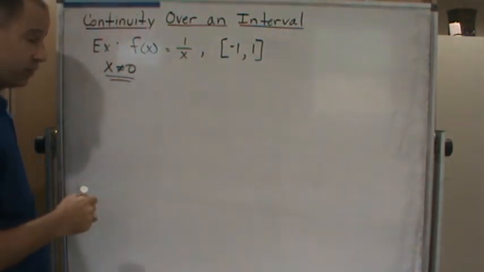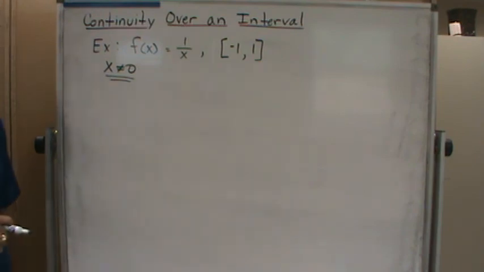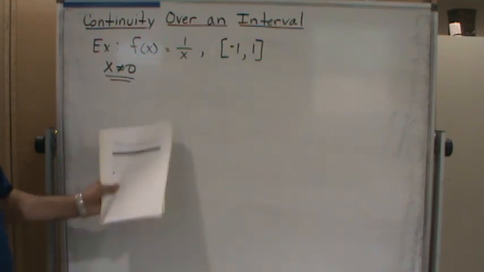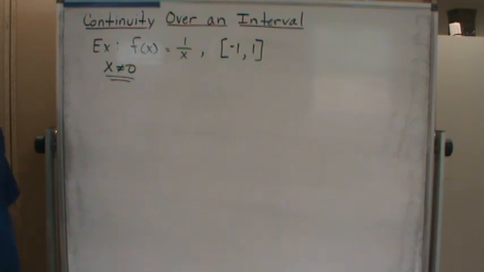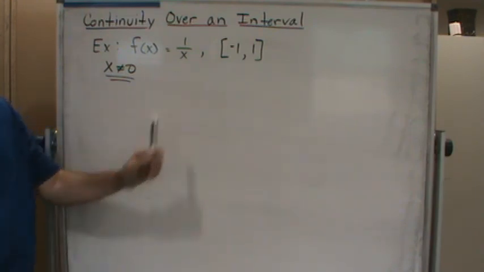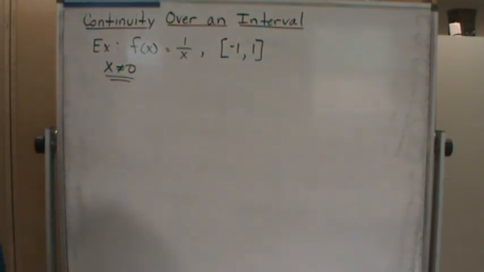So we cannot use the intermediate value theorem here, and we cannot conclude anything about whether there's a 0 in the interval. In fact, in this case, there is no 0 in this interval, if you remember the behavior of the reciprocal function, which you should.